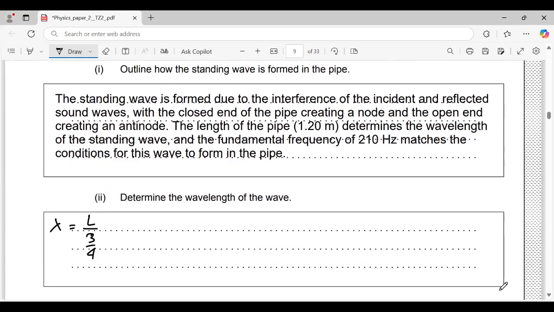So it's going to be 4L over 3. L is 1.20, 4 times 1.20 over 3. And the result is 1.60 meters.